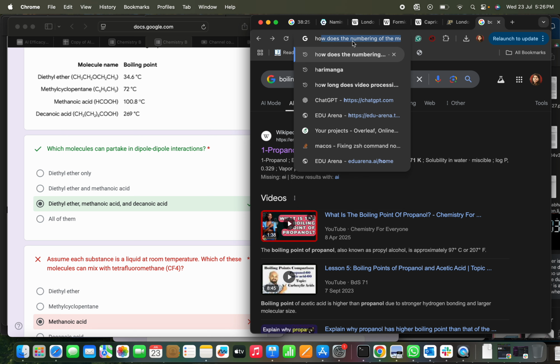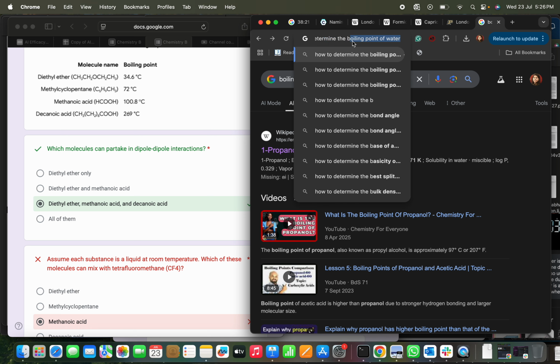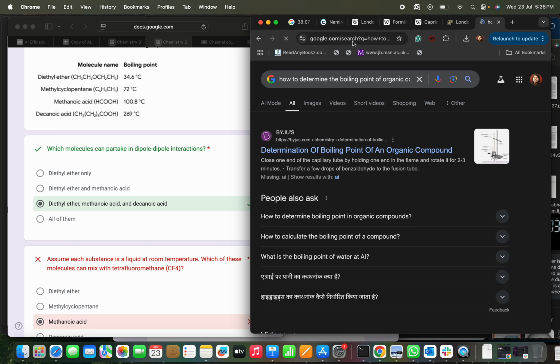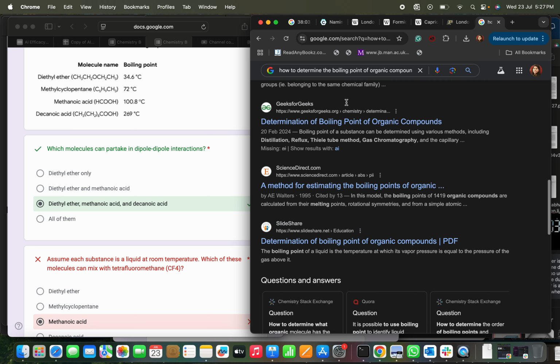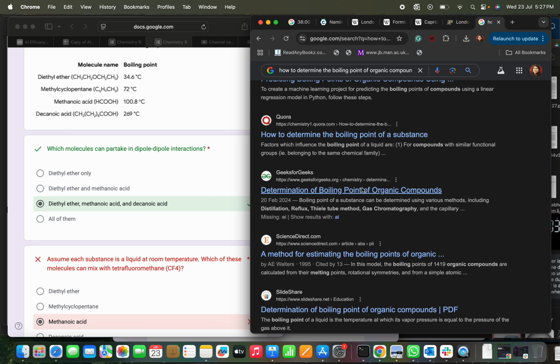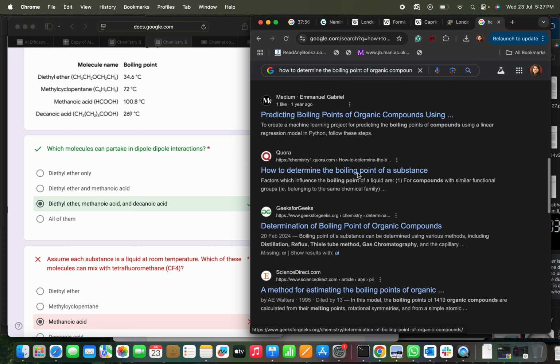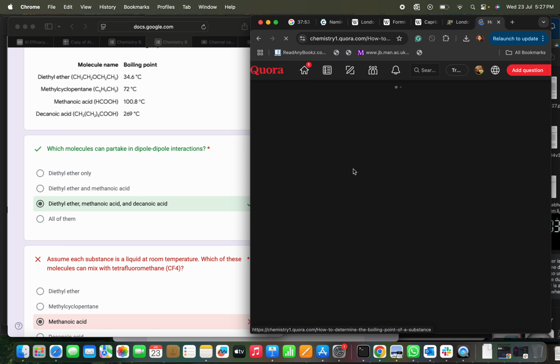How to determine the boiling point of organic compounds? I don't want to use these things. Oh, this is better, I guess.